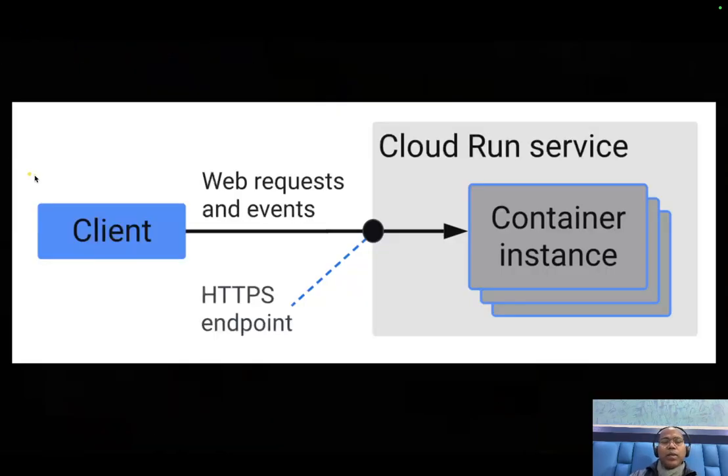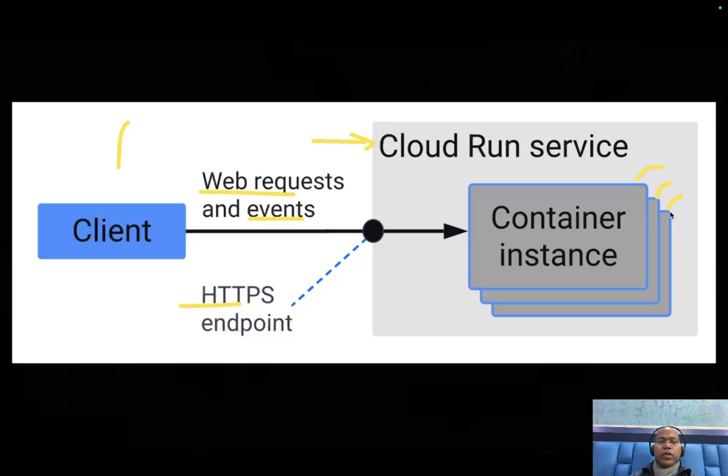So this is the very high-level view. Whatever client applications you have, web requests or any event, any HTTP request goes to the Cloud Run service, and the Cloud Run service has your application deployed on multiple container instances for load balancing, scalability, availability, and fault tolerance, everything the design supports.